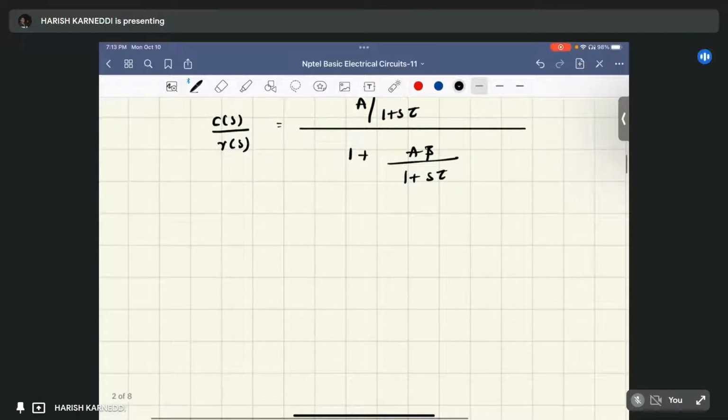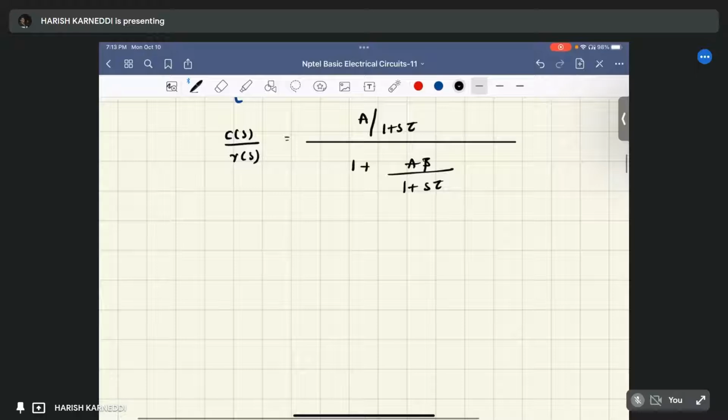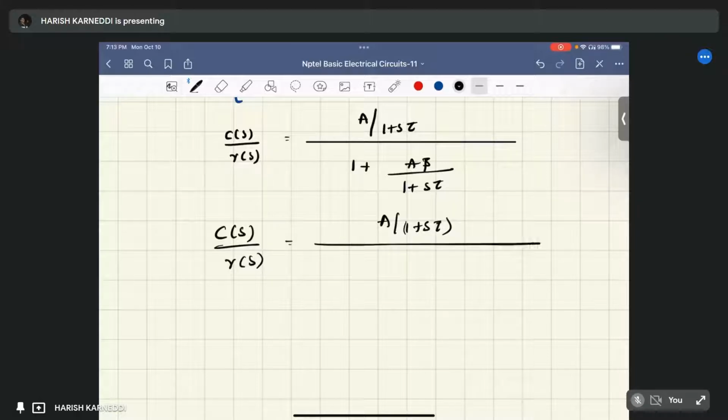Okay, we can simplify this expression. R of s equal to A by 1 plus s tau by, this 1 plus s tau is the LCM for both the terms, so you can multiply.